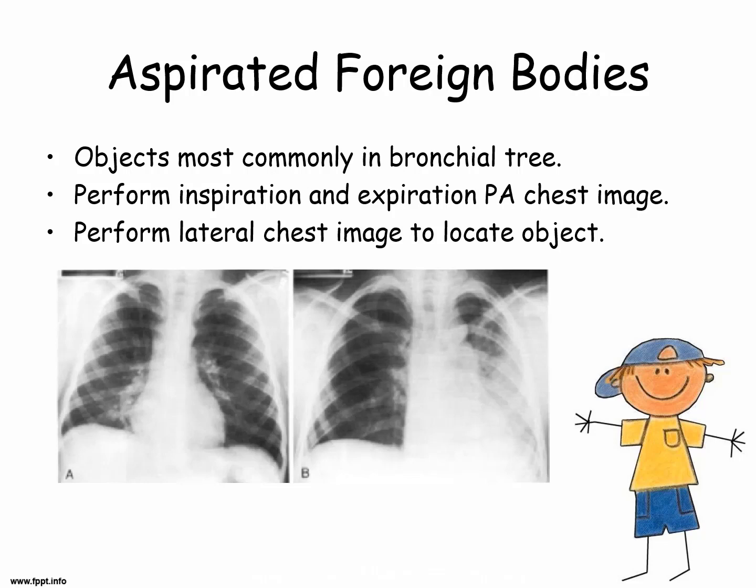The reason for that is when the child takes in a large breath, both lungs will fill up. But if they have a blocked mainstem bronchus, what happens when they expire or blow their breath out is the lung is unable to get the air out and remains inflated.